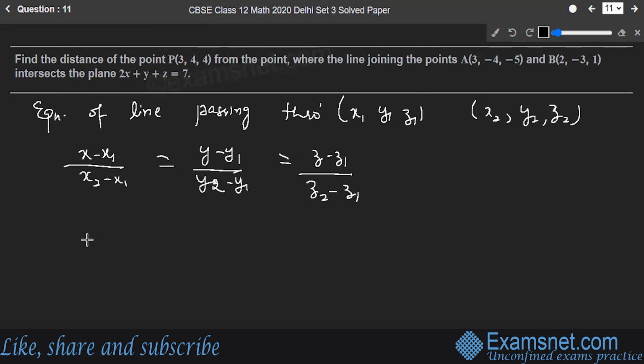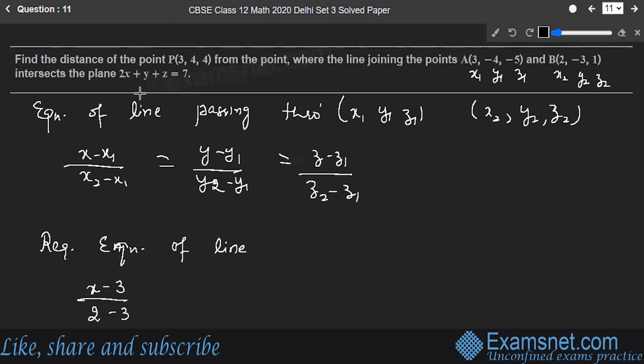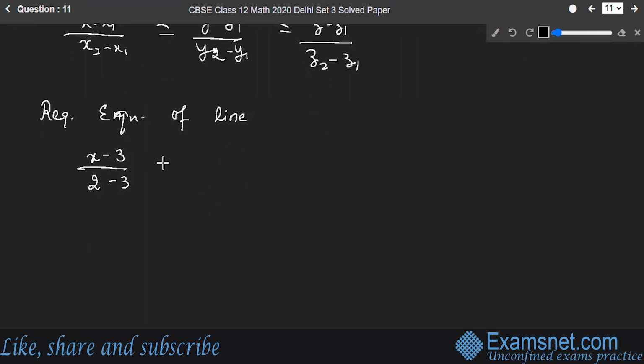z minus z1 upon z2 minus z1. So here, this is x1, y1, z1, x2, y2, and z2. So the required equation of line will be given by x minus 3 upon 2 minus 3 is equal to y plus 4 upon minus 3 plus 4 is equal to z plus 5 divided by 1 plus 5.